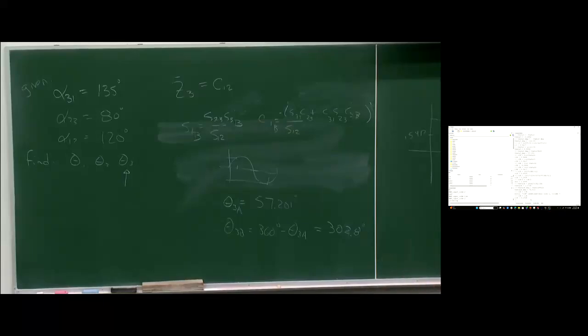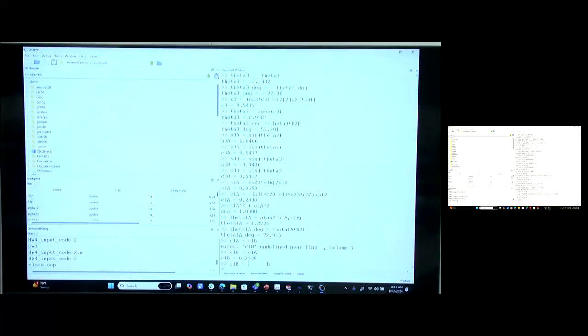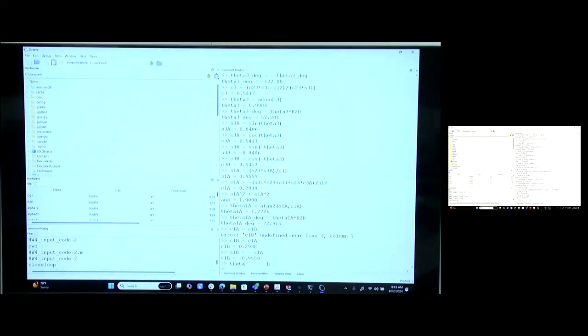So I'm just trying to save a little bit of, this is a negative. And then I can say theta 1 B case is equal to A tan 2 of sine of the B case, cosine of the B case.